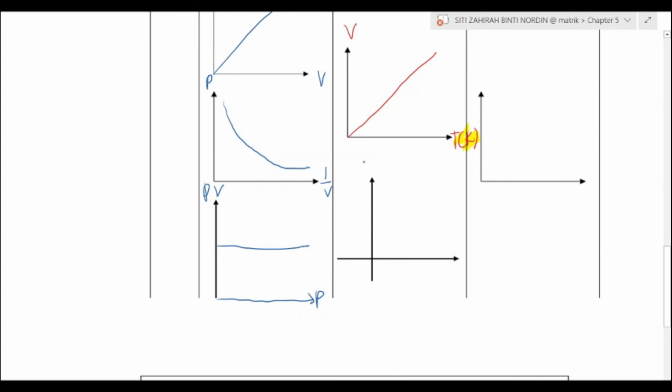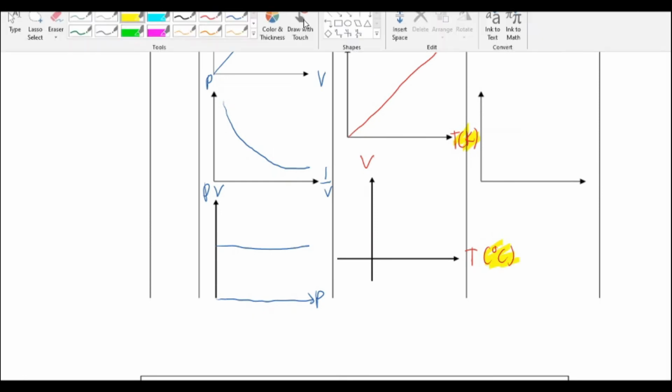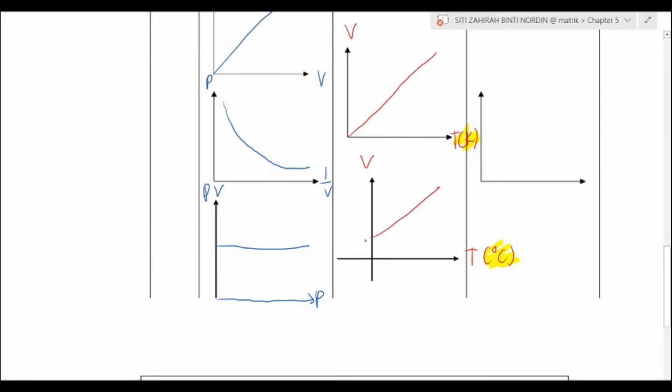But for volume against temperature in degrees Celsius, the graph is again proportional, but you need to extrapolate it at the back. So this line would touch the point of negative 273, which is your absolute temperature.